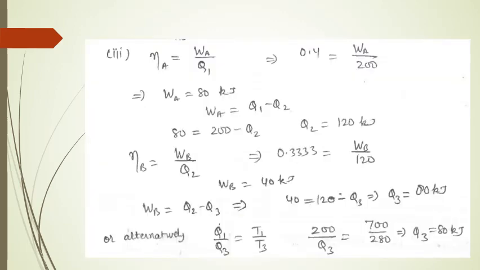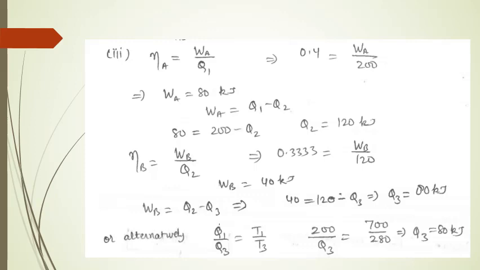Now efficiency of engine A is equal to work done by engine A upon heat supplied to engine A. So that gives me the value of the work, that is equal to 80 kilojoule. Now as the work done by engine A is equal to Q1 minus Q2, that is heat supplied to engine A minus heat rejected by engine A, that gives me the value of Q2, which comes out to be 120 kilojoule.